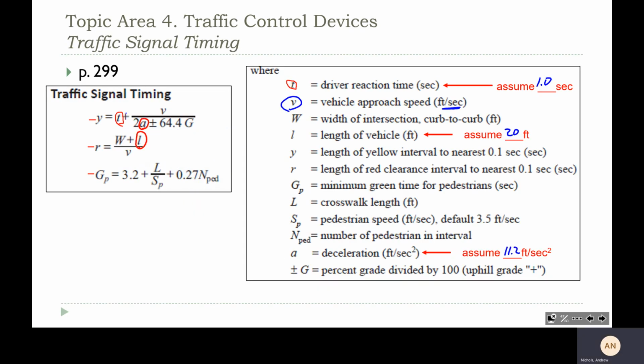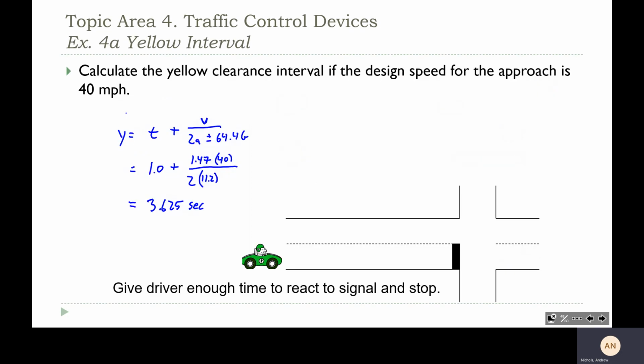Notice that the yellow time, the length of the yellow interval, is measured to the nearest 0.1 seconds. I don't know if they'll try to trick you up on the rounding. If you calculate 3.625 seconds, these clearance intervals are safety standards, so they're minimum values.